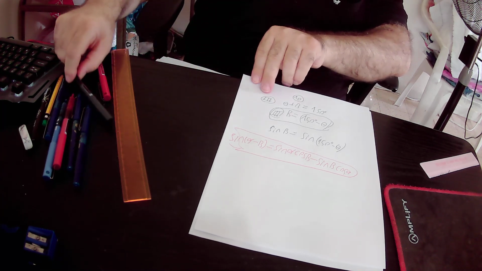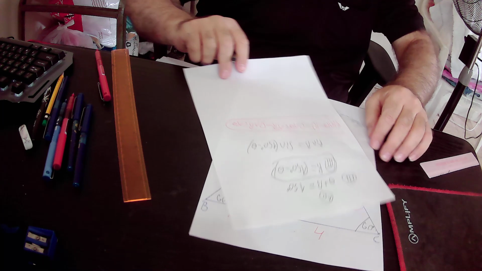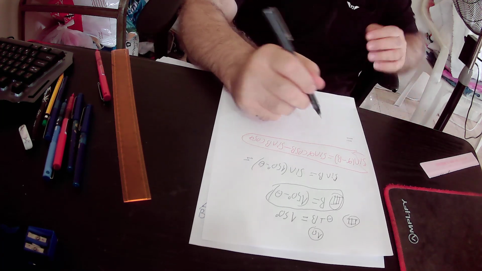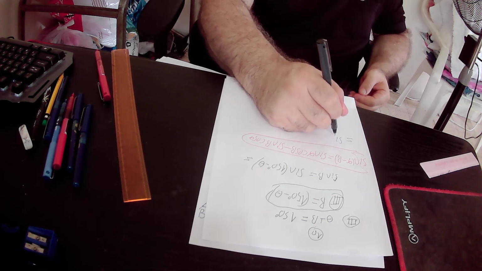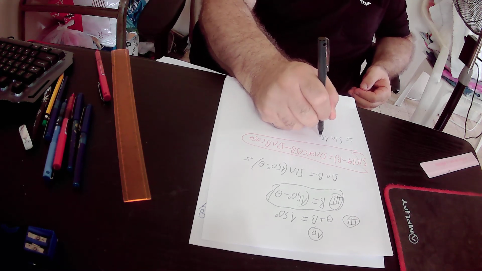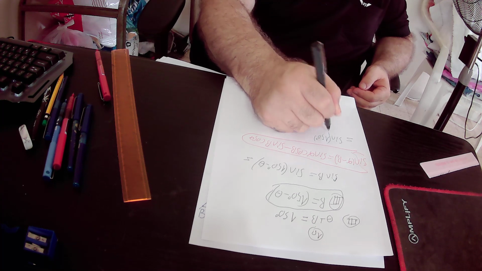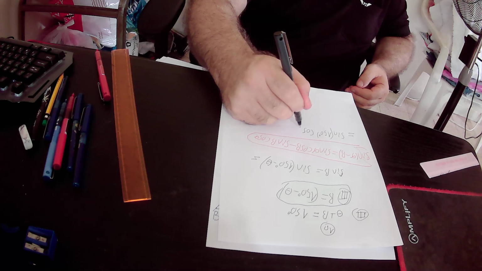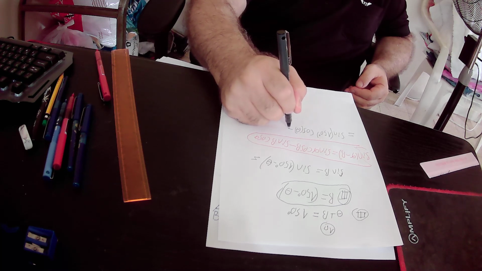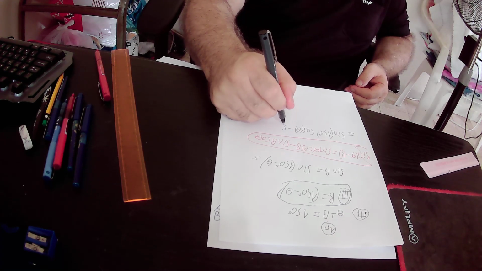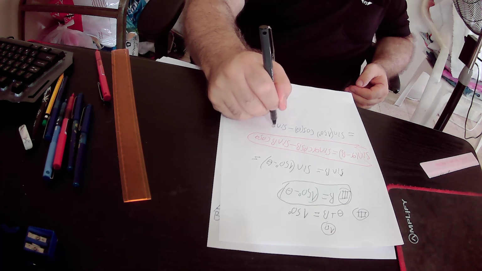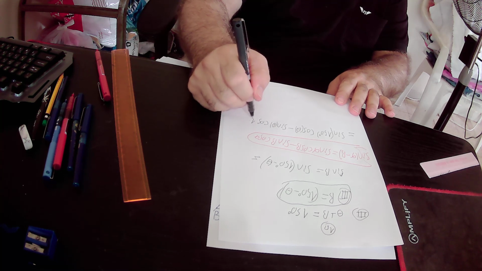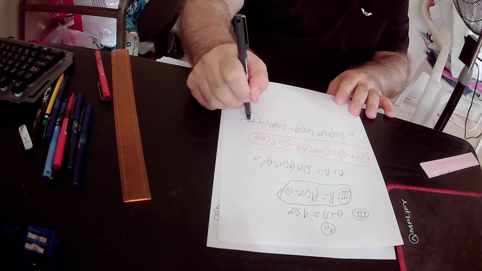So we will get that the value of sine of 150 degrees minus theta is actually sine 150 degrees times cosine theta minus sine theta times cosine 150 degrees.